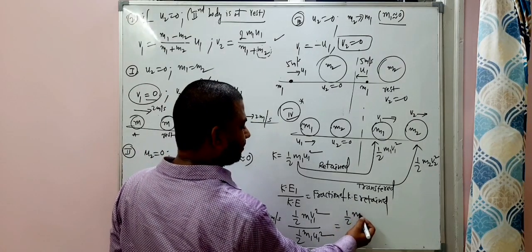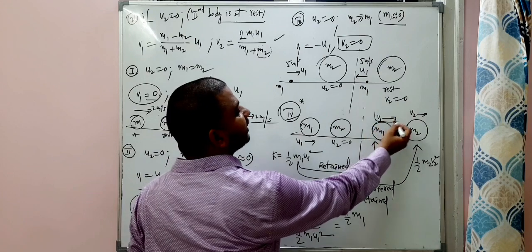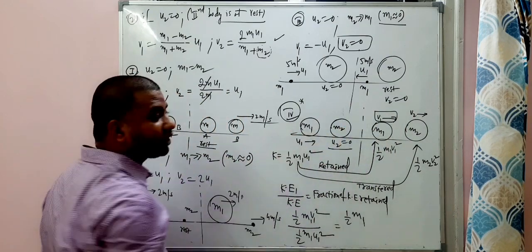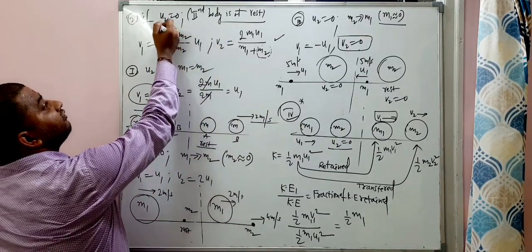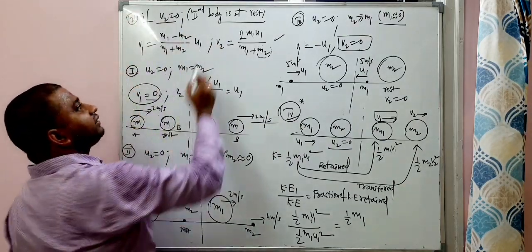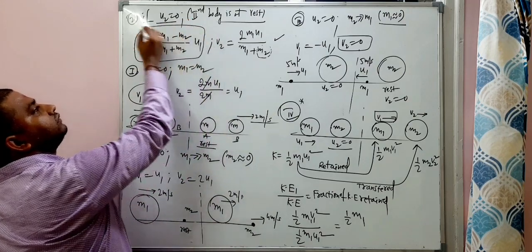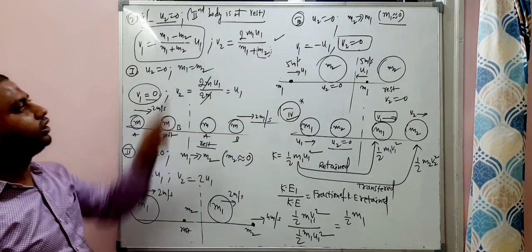Half into M1 into V1. After the collision, the final velocity of the first body, when the second body is initially at rest, is M1 minus M2 by M1 plus M2 into U1.